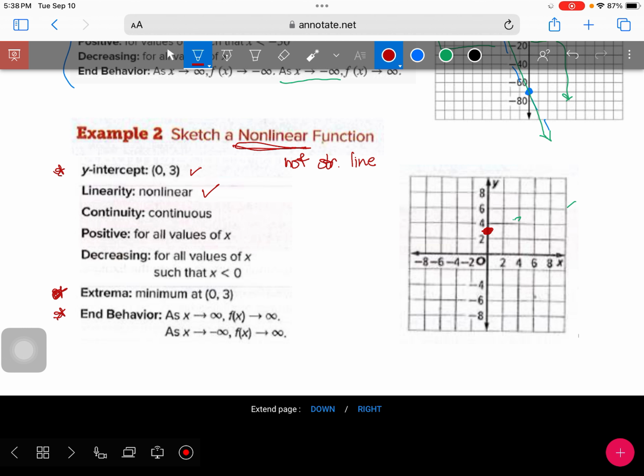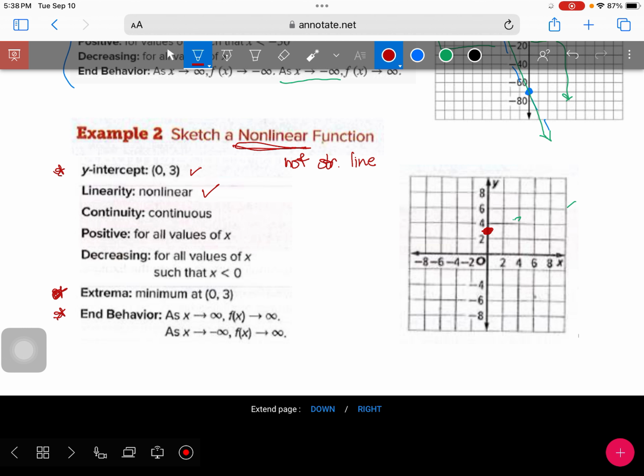And it says positive for all values of x. So all the values of x are going to be positive. And it says it's decreasing for all values of x where x is less than 0.